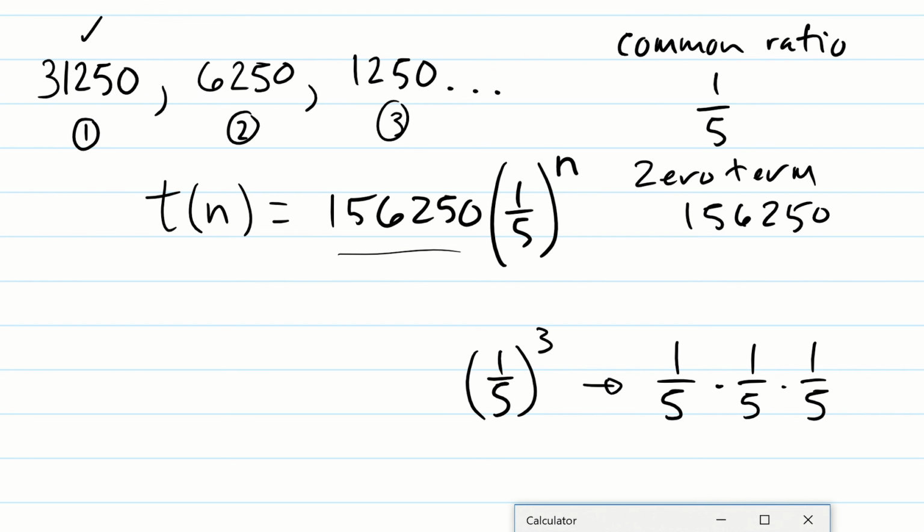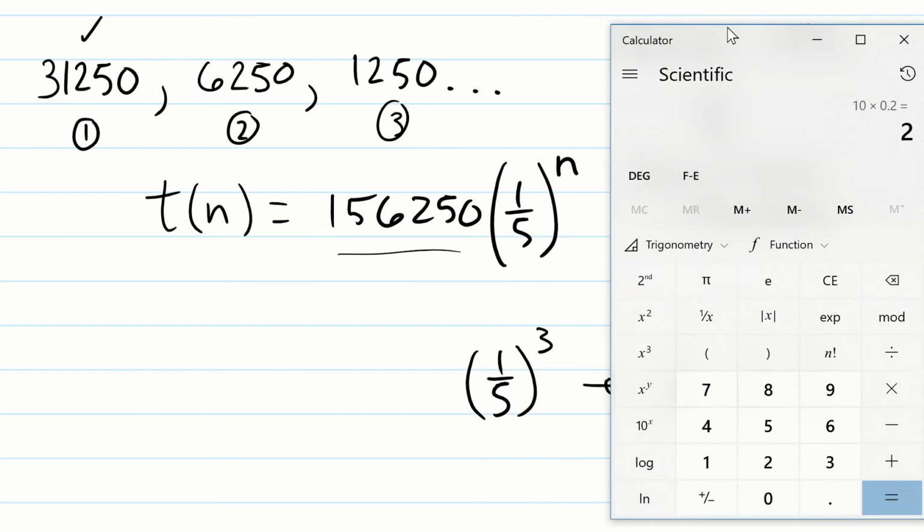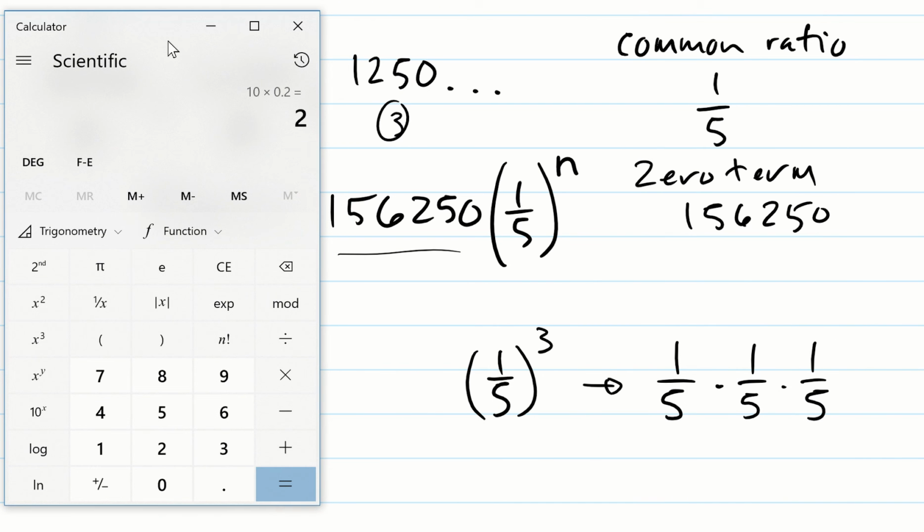And you can see all these numbers hit the sequence. I can say times 0.2 and press equal. There's the first term, second term, third term, fourth term, fifth term, sixth term, seventh term. So if I put 7 into this equation, that's a good trick.